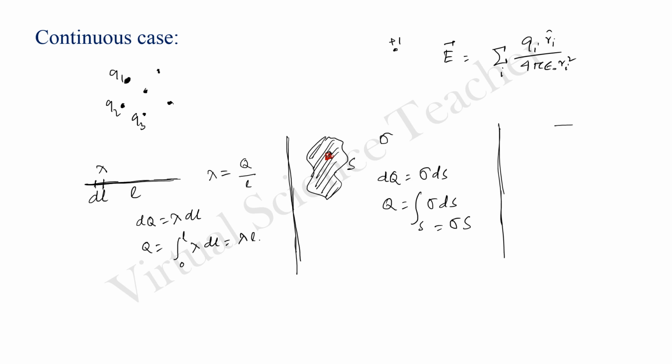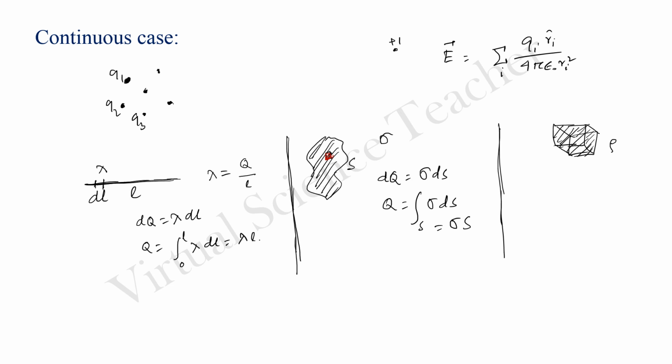Suppose I have a three-dimensional configuration, let's say a cube or a sphere, and the charge is uniformly distributed over this volume. In this case volume charge density arises, generally denoted by rho.